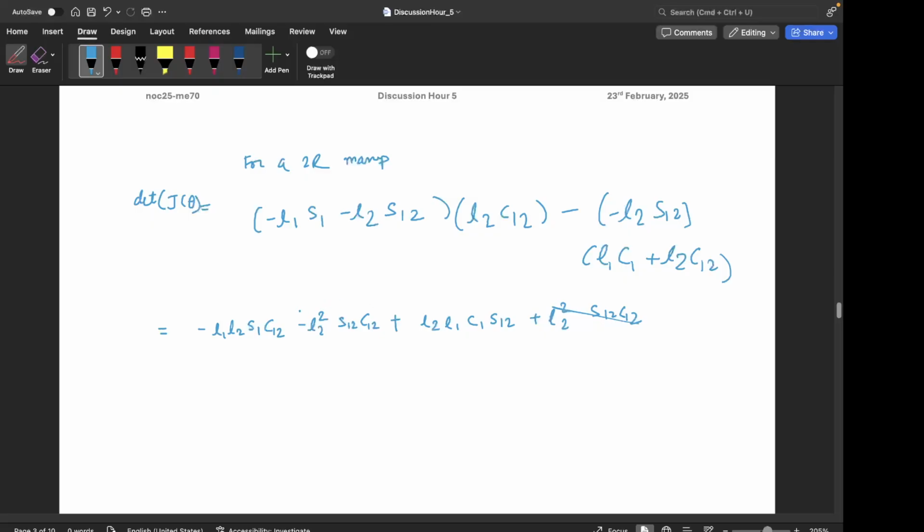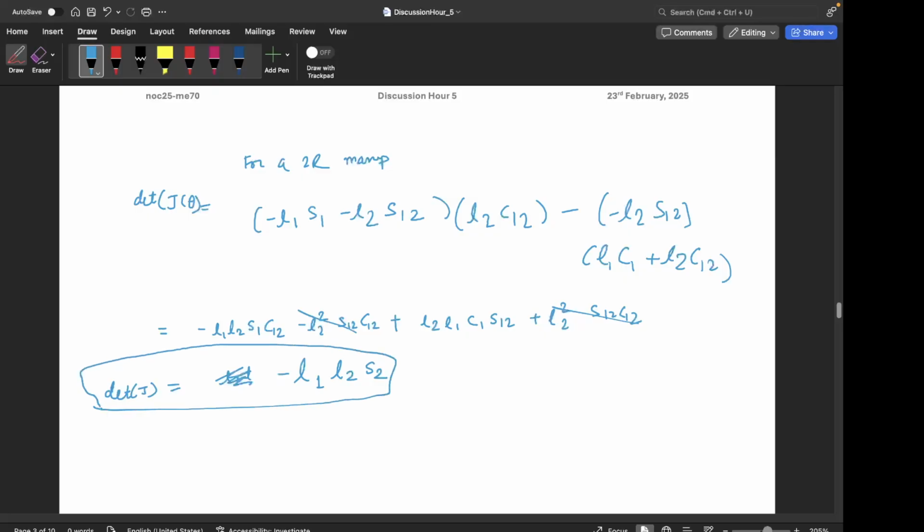So this goes away. In this we have L1, L2, and this will be minus S2. So this is the determinant of J for a 2R manipulator, right?